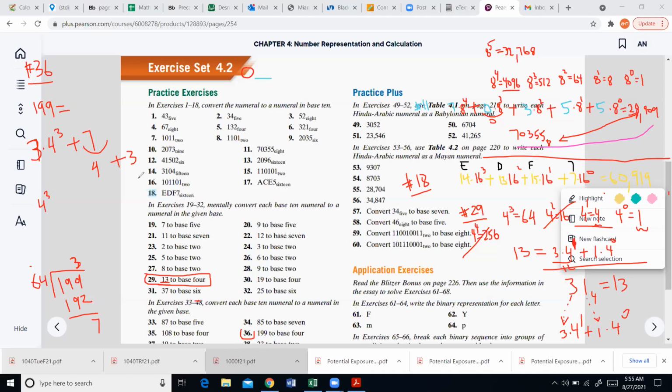I think I should be using different colors so you can better see. So 3 was multiplied by 4 cubed. 0 is multiplied by 4 squared, because there is no 4 squared. Then there is a first power of 4 and a zero power of 4.